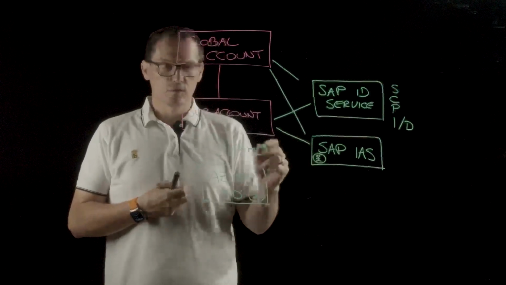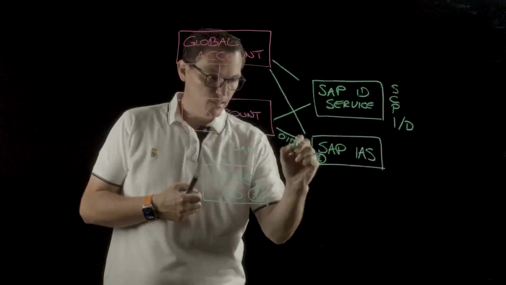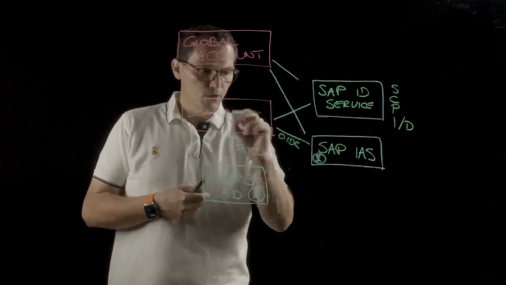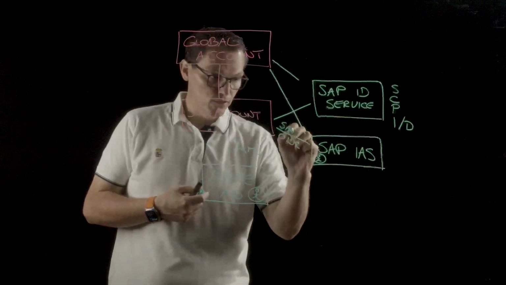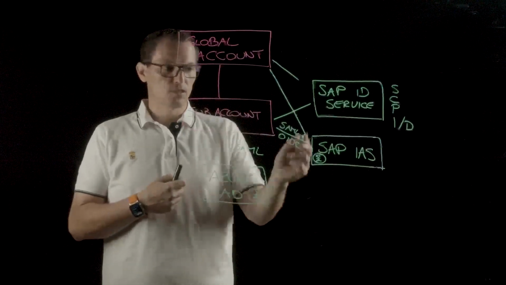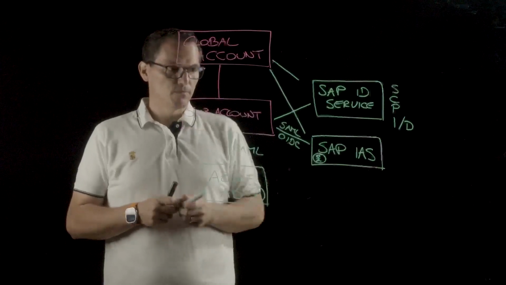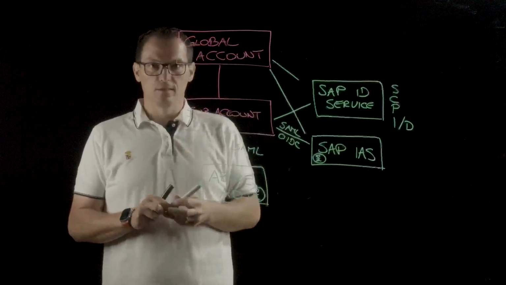If we are in the Cloud Foundry environment, we are using OpenID Connect, OIDC. But basically, if you would like to, you can also use SAML, or if you're running in the Neo environment, you can use the SAML protocol here as well, of course. There are a lot of differences. We have another video on the differences between SAML and OIDC. Still, this is not working against Azure AD.